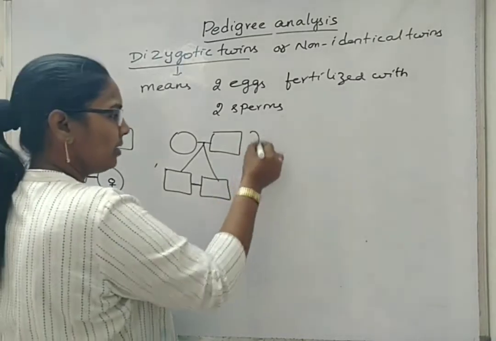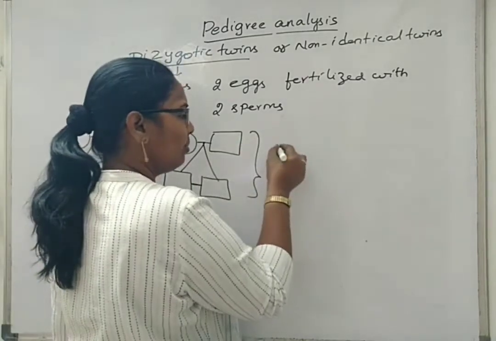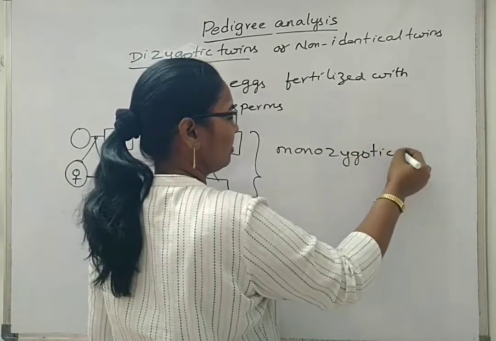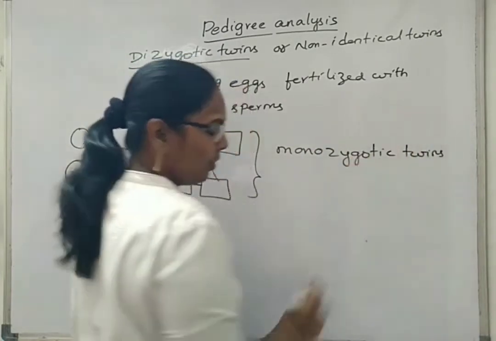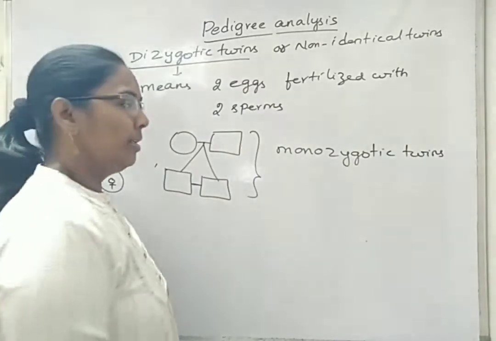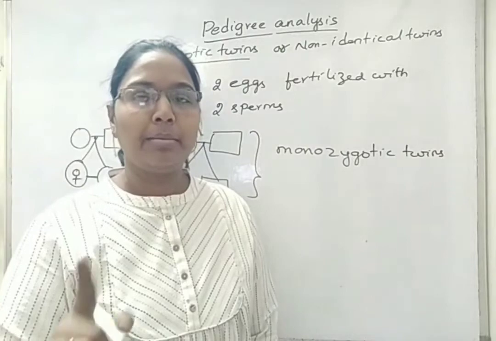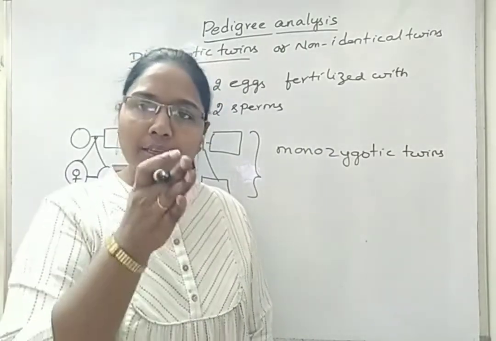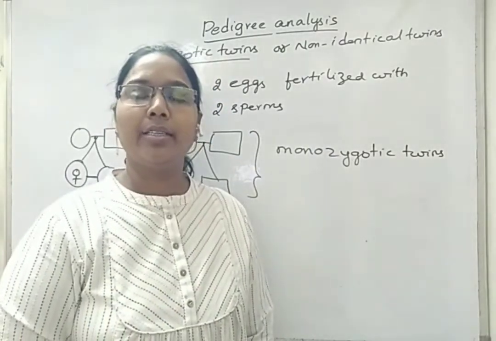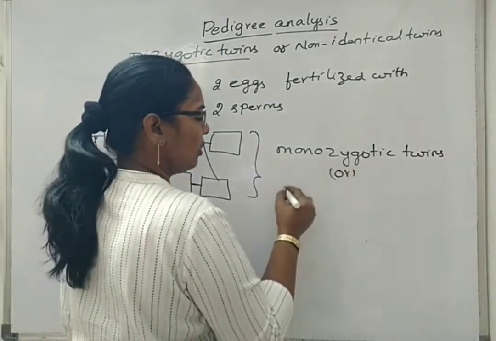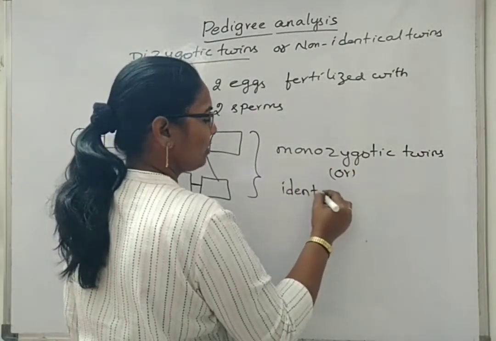It means the chart is explaining monozygotic twins. What is meant by monozygotic twins? It means one egg is fertilized with one sperm, but after formation of the zygote, the zygote got divided into two embryos. We also call it identical twins.